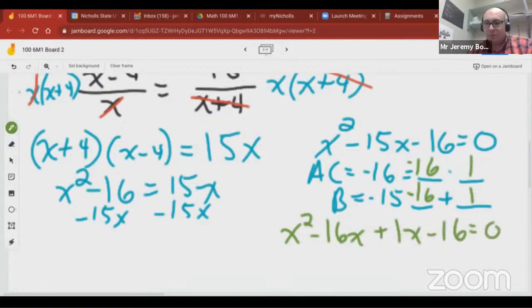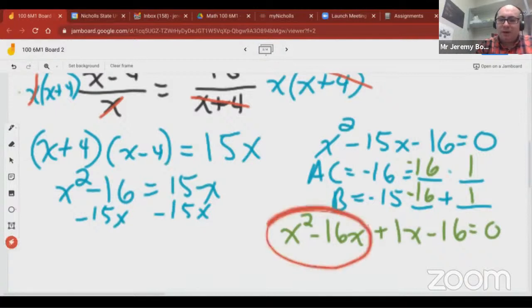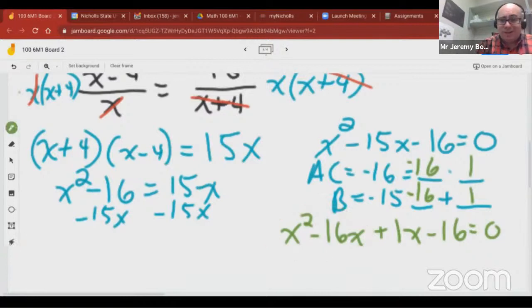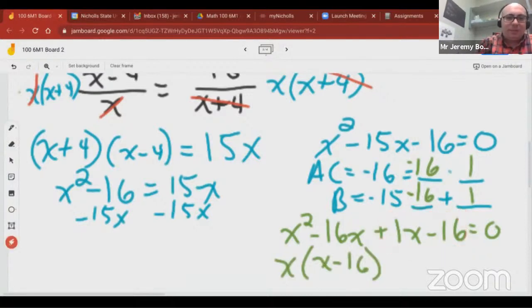And just like we did in the problem before, we're going to take a look at that pair of first two terms. What can we factor out of those? What do they have in common? Just an x. And so we're left with x minus 16. Notice that this one is already x minus 16. So that means we're going to factor out a positive 1, which I'm going to rewrite because it looks like an h.